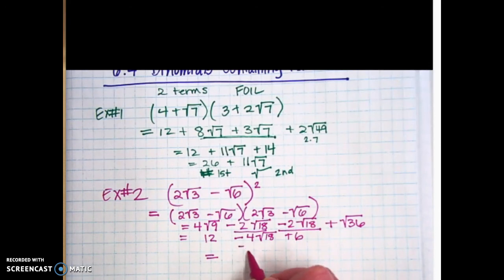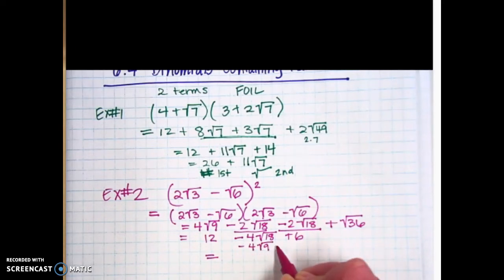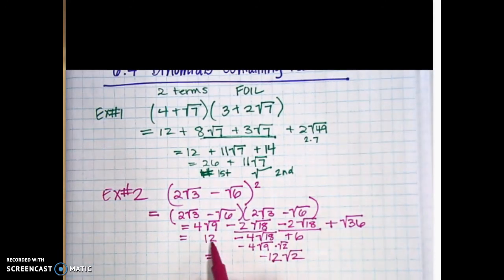So I could rewrite that as negative 4 square root of 9 times the square root of 2, right? And the square root of 9 is 3 times negative 4 is negative 12 square roots of 2. And then I've got this 12 and plus the 6 over here, so 12 plus 6 I think is 18.